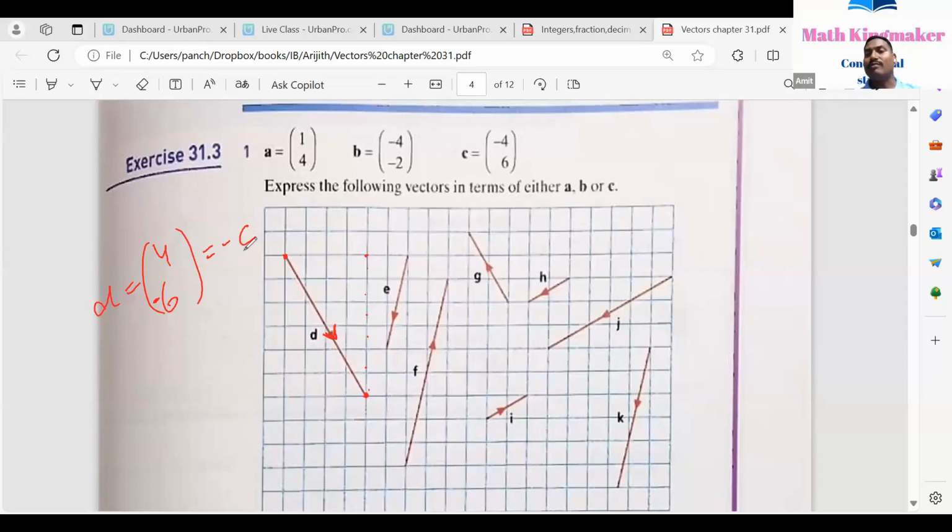Just remember in which direction the arrow is going. So 2, 1.